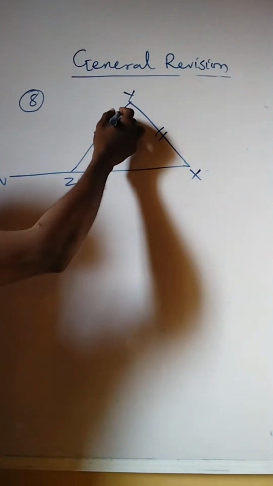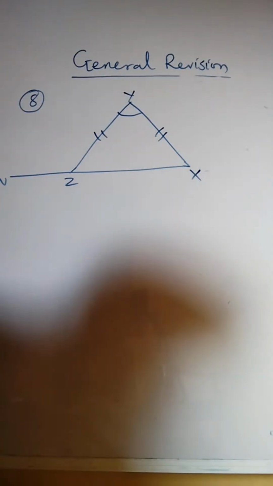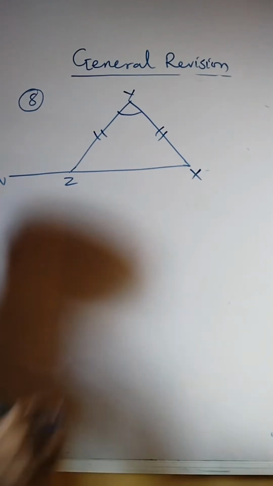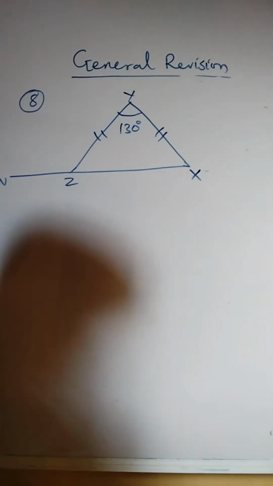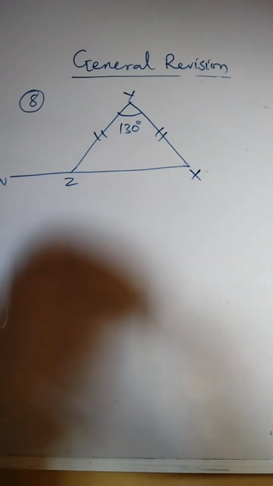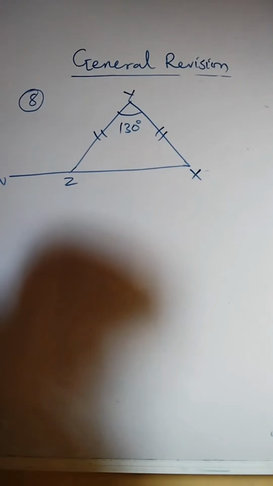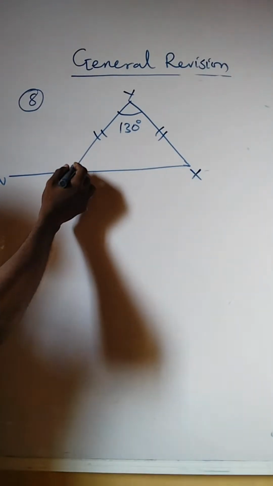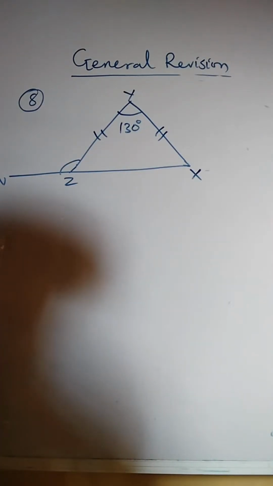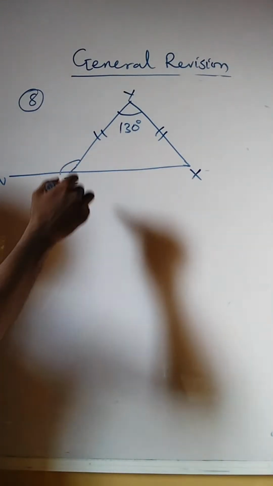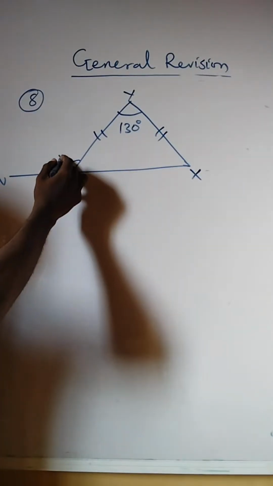And we are given this angle to be 130 degrees. So this is 130 degrees. And the question says we should find the value of this angle. According to what is here, they put small letter y here.